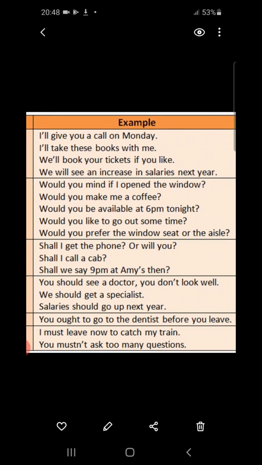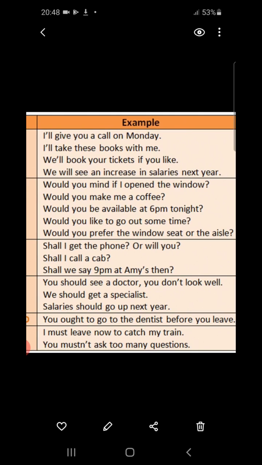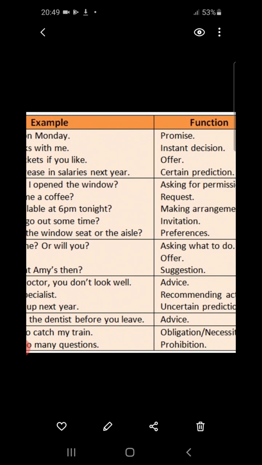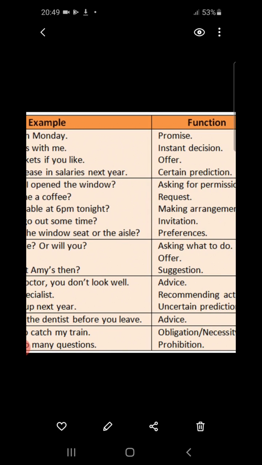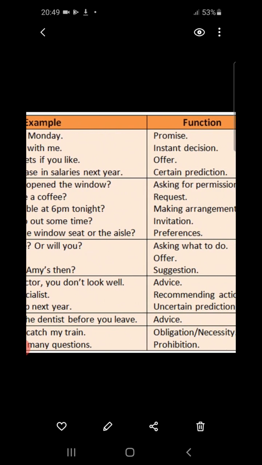I will take these books with me is an instant decision. Next one. We will book your tickets if you like. That is an offer. Next one. We will see an increase in salaries next year, which is a certain prediction.